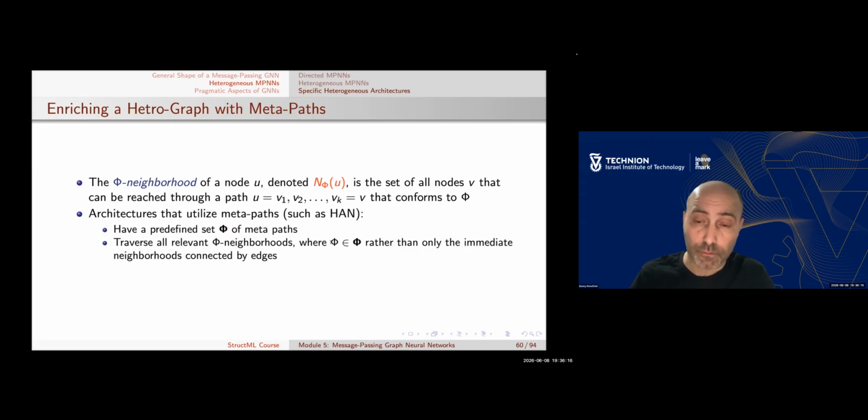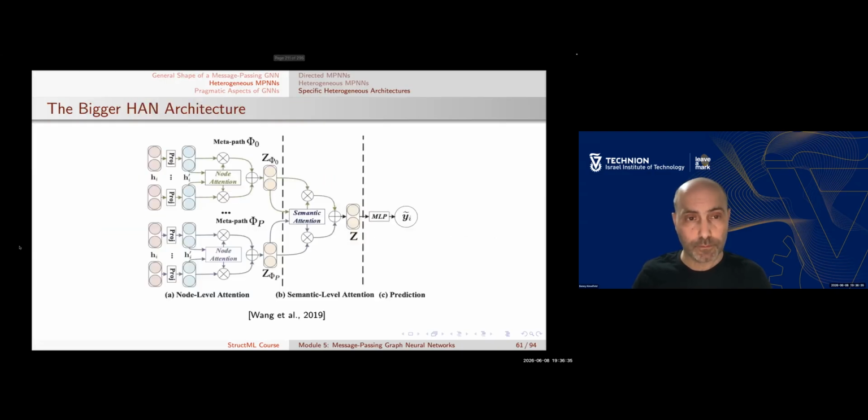So they go through all of these small phis in the set of metapaths. It's just to generalize the idea of looking at immediate neighborhoods through edges.